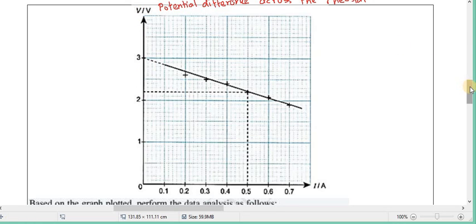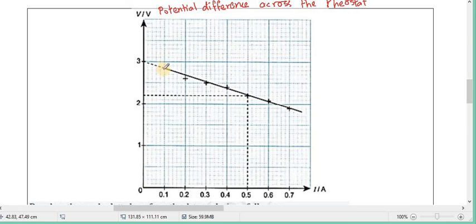Right? So what we do is we extrapolate the graph. Extend the graph until it cuts the y-intercept, which is the potential difference across the rheostat.